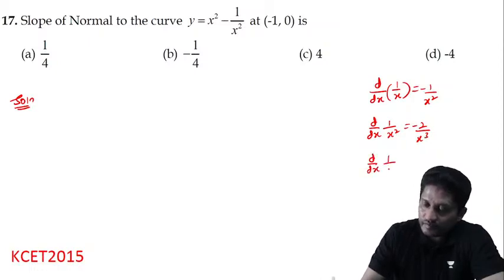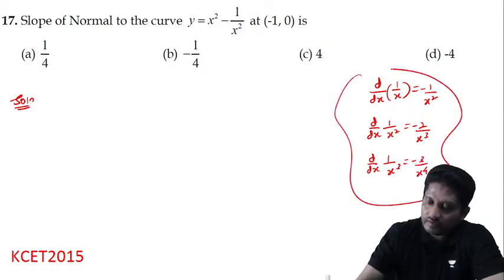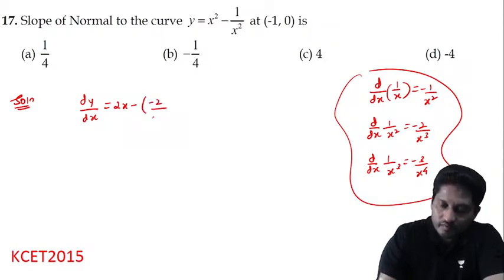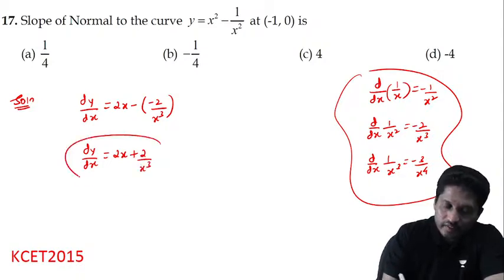Differentiation of 1 by x cube is minus 3 by x power 4. So on, this will continue. Now dy by dx is equal to differentiation of x square, which is 2x, and differentiation of 1 by x square is minus 2 by x cube. So dy by dx is equal to 2x, minus and minus is plus, 2 by x cube. Okay, this is dy by dx.